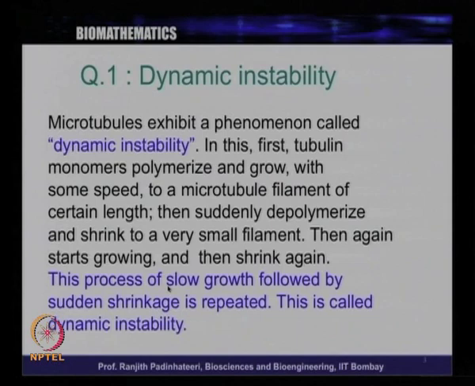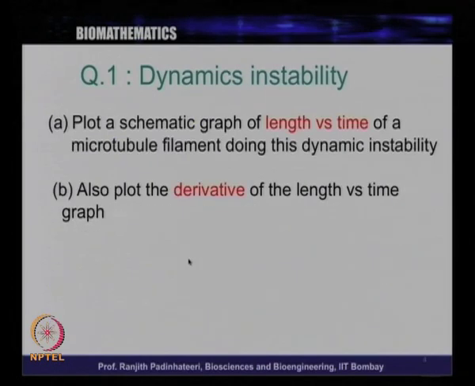Now, let us see what the questions are. The first question is basically to plot a schematic graph of length versus time of a microtubule filament doing this dynamic instability. Roughly, you can plot a rough graph of whatever description you heard.